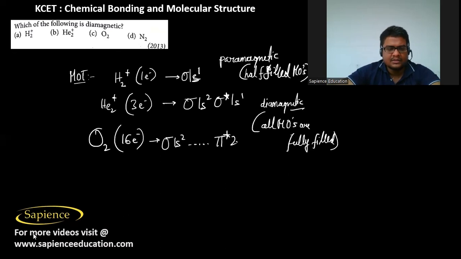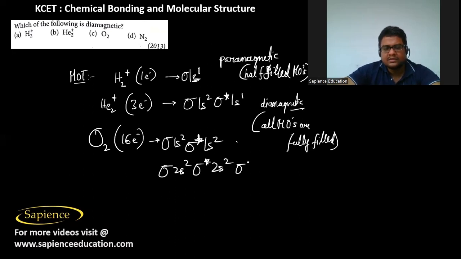So let's write it: sigma 1s2, sigma star 1s2, sigma 2s2, sigma star 2s2, then sigma 2pz2, pi 2px2 equals pi 2py2, and then pi star 2px1 equals pi star 2py1.